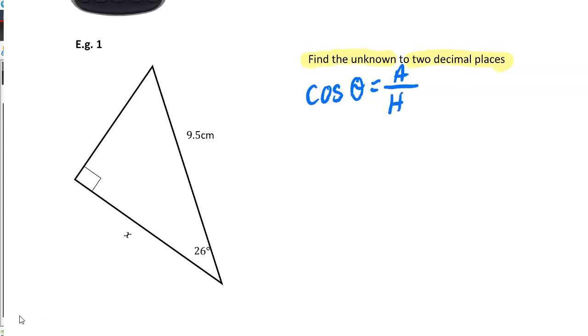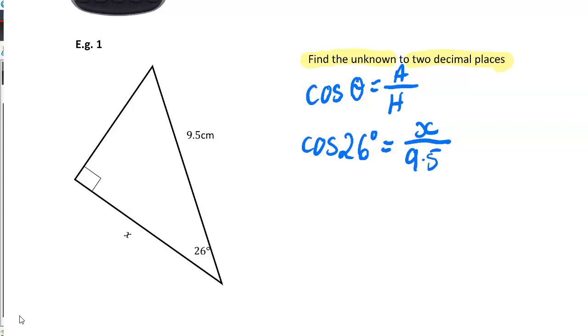All right, so I've written my formula. Then I substitute what I know. Cos 26 degrees equals x over 9.5. Now I have to transpose this to make x the subject so I can solve for x.